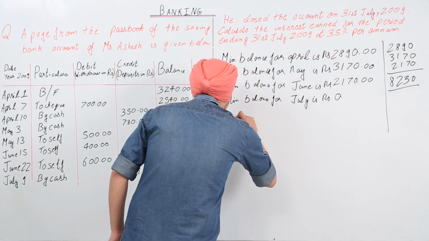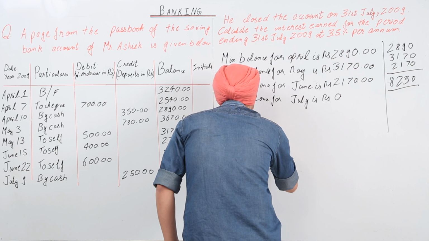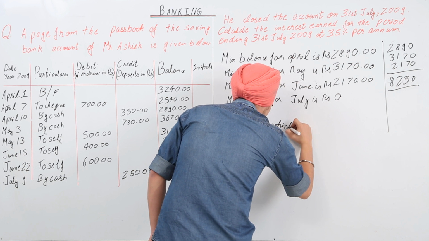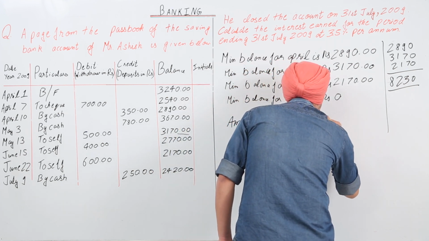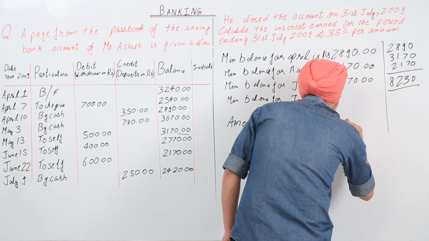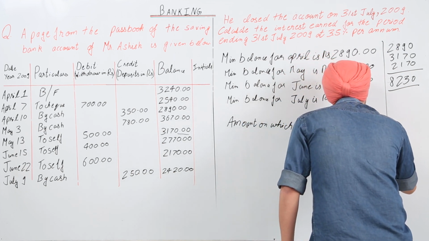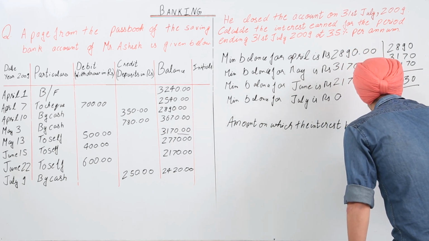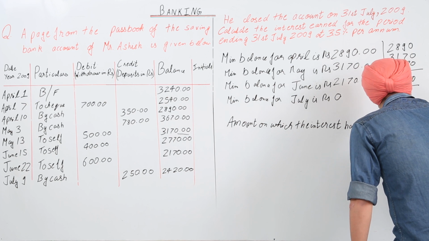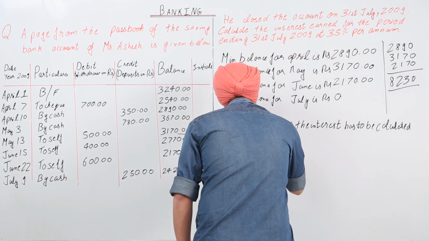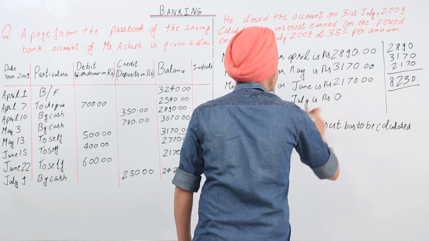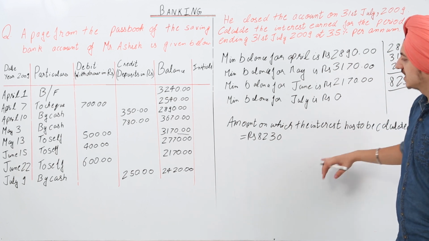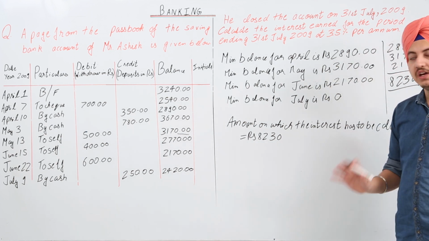So the amount on which the interest has to be calculated is equal to rupees 8230. So 8,230 rupees is the amount on which the interest has to be calculated.